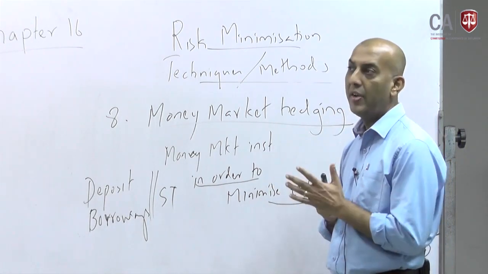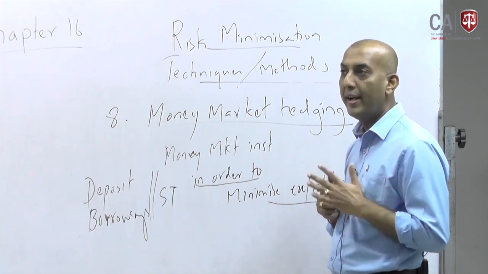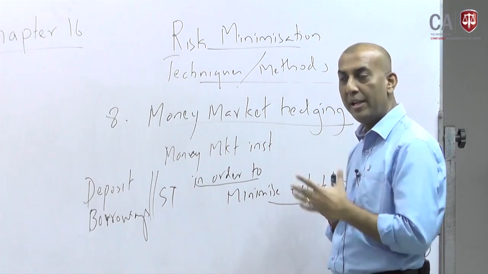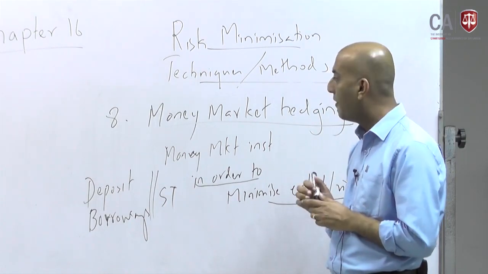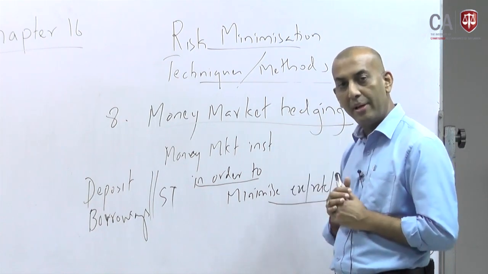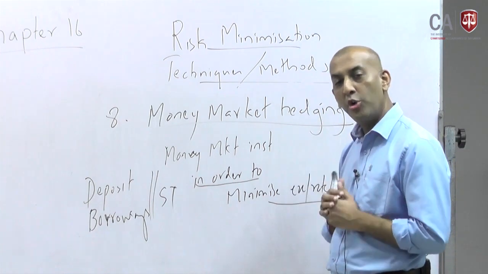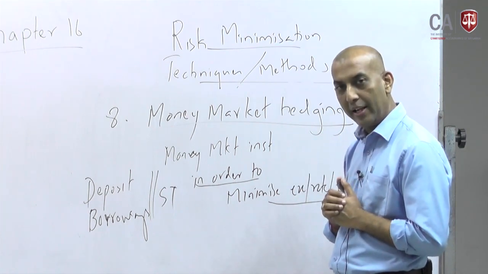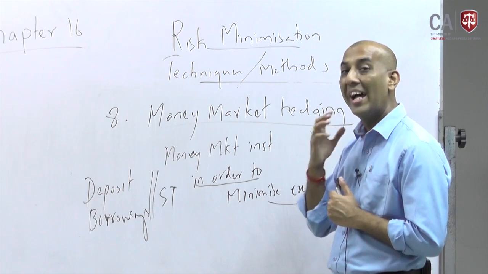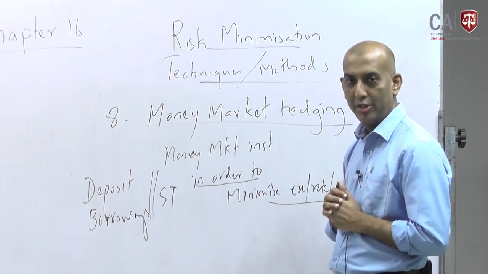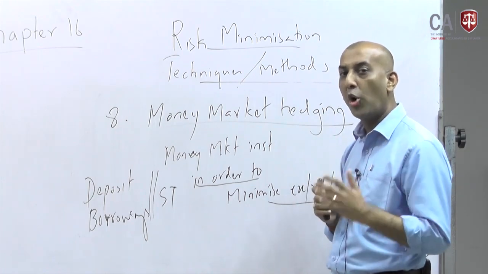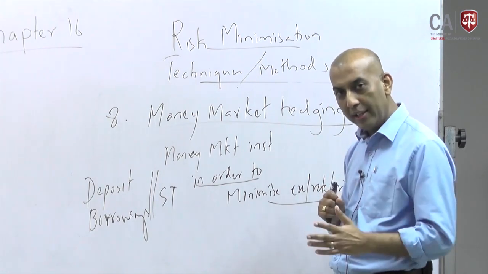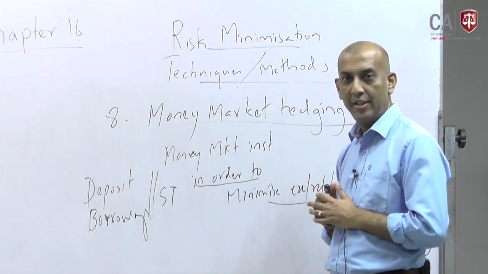For example, if you have a supplier payable in dollars in 3 months time, you have a dollar liability in 3 months. To match that liability, you need to create a dollar asset. How do you create it? You borrow in rupees, convert into dollars, and deposit in dollars.